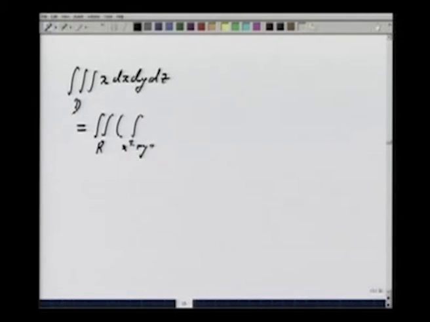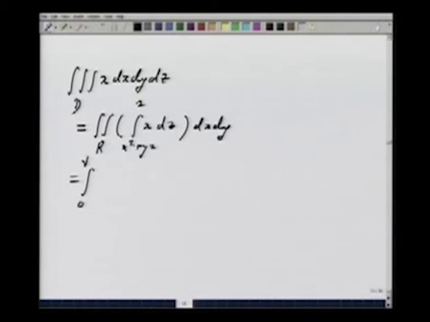That means the triple integral over D of x dx dy dz is the same as the double integral over R, then the integral from x square plus y square up to 2 of x dz, then dx dy. I can write it more formally, saying what exactly R is.